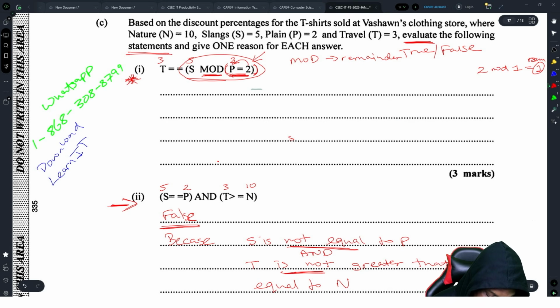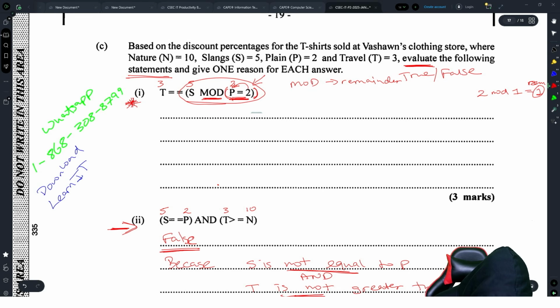So what they're trying to do is get you to work out this thing. First thing that we have to do is step 1, which is set P equal to 2. So now P is equal to 2. After P is equal to 2, the expression becomes T is equal to S mod P. The P now is 2. So T is 3, S is 5, and mod 2.